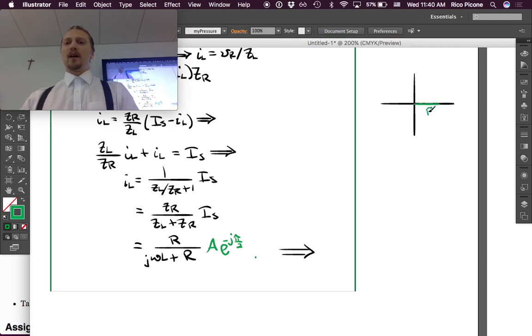So there's our R. And then our imaginary component is omega L. It's kind of hard to make it show up on top of this black, but like that. Imaginary is omega L.